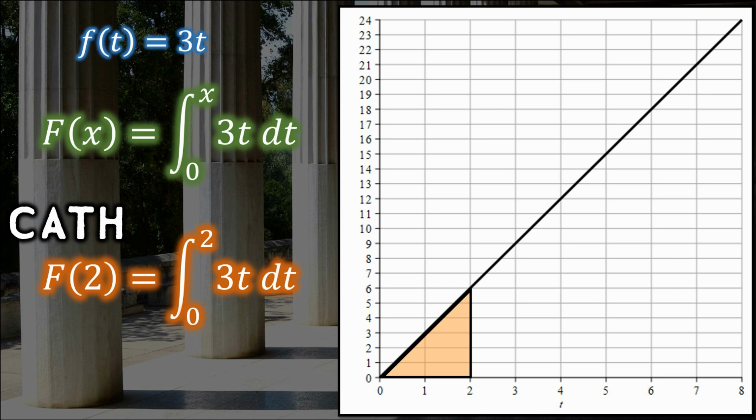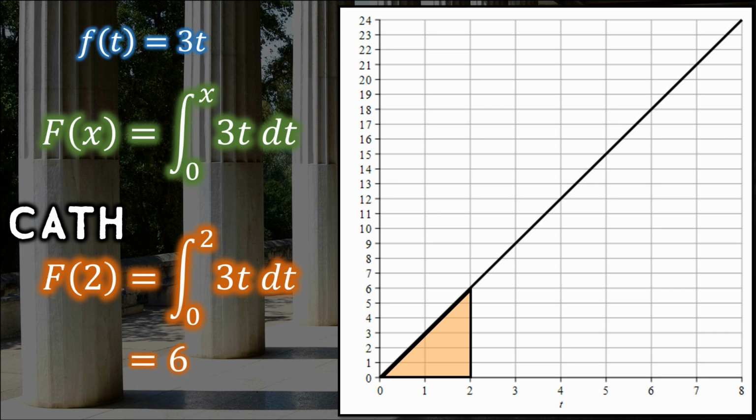That's what a definite integral is, right? It's the area under the curve between those values. You give me 2, I find the area between 0 and 2, and in this case it's a triangle, so it's base times height times 1/2, so that's 2 times 6 times 1/2, which is 6.